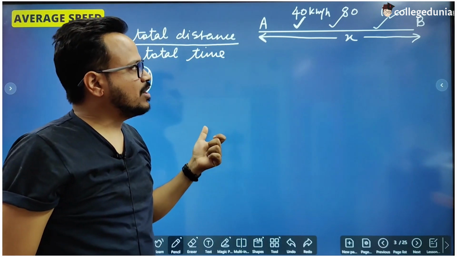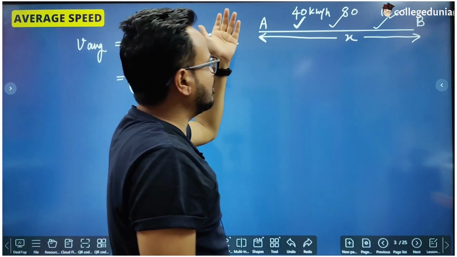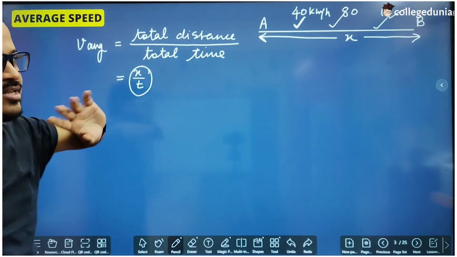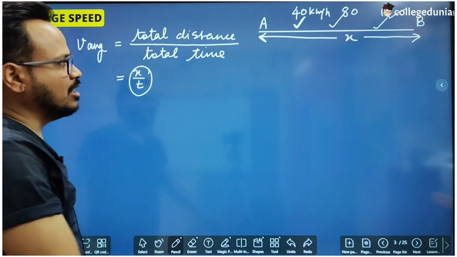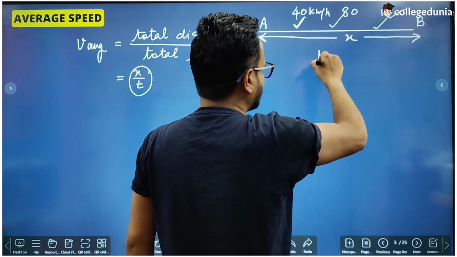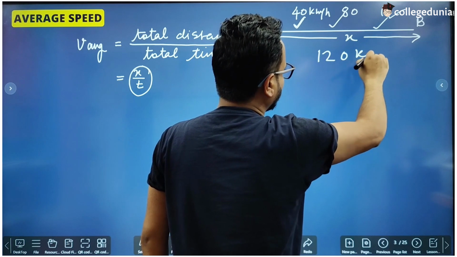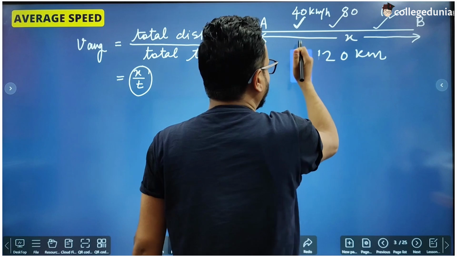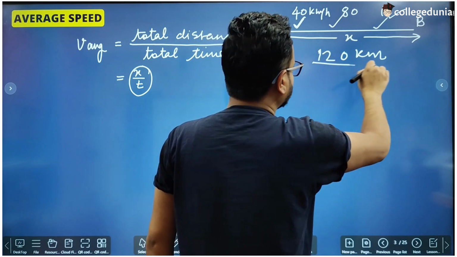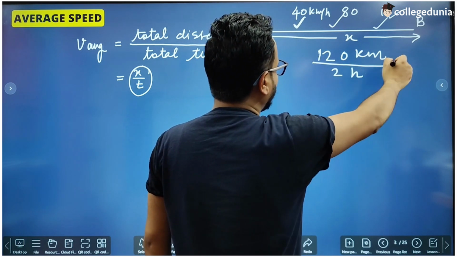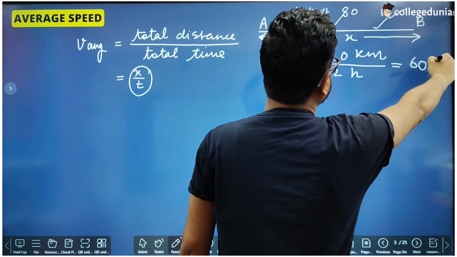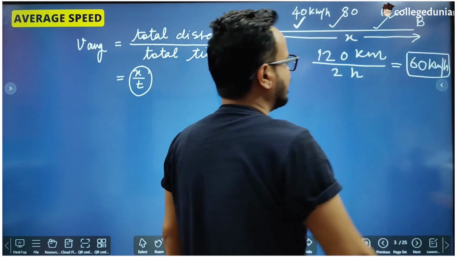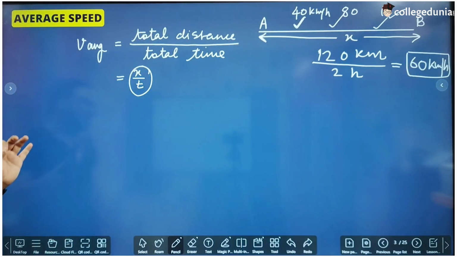So 60 km per hour was not the actual speed with which the body was moving from A to B, right? It is just the average speed. For example, if this total distance is 120 km and the body has taken 2 hours to cover this distance, then the average speed of the body is 60 km per hour.